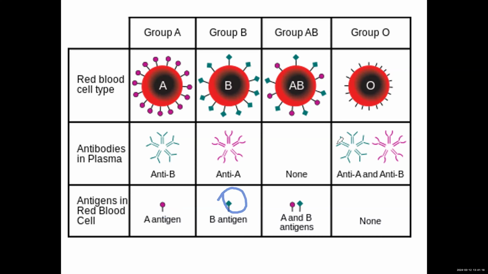Now, a patient with blood O, because it doesn't have antigen A or antigen B, makes antibodies against both anti-A and anti-B, right? So that's what happens if a patient with blood A gets blood B, those antibodies will attack those red blood cells and destroy them.